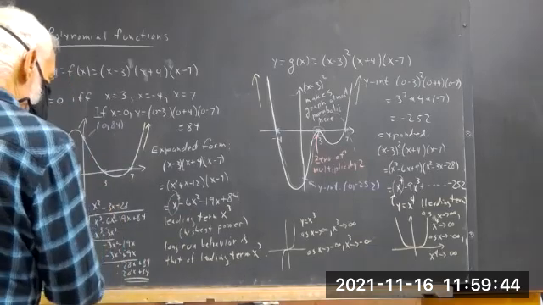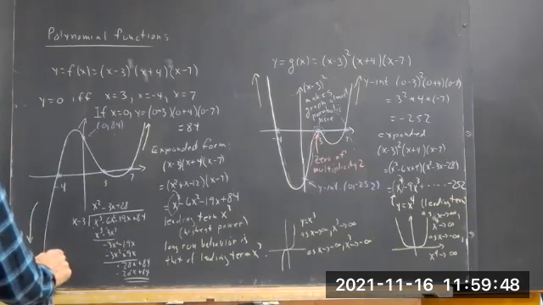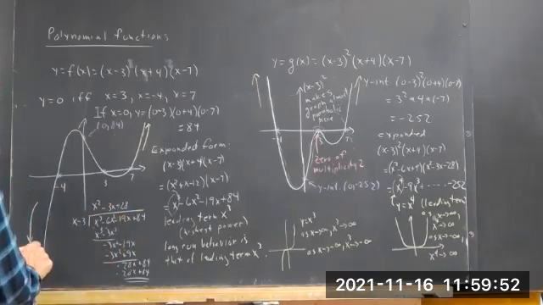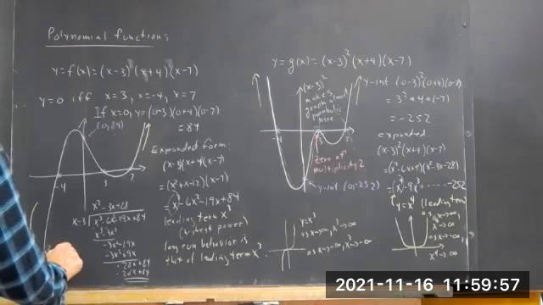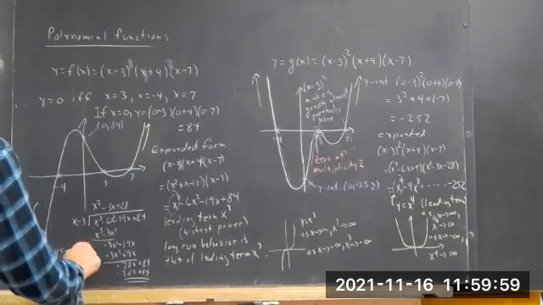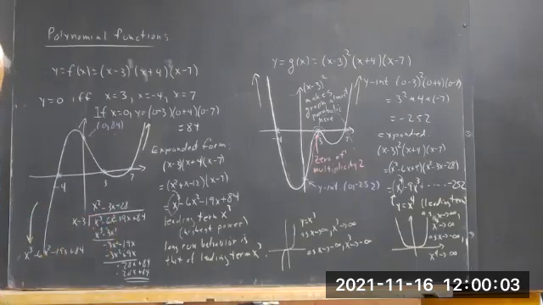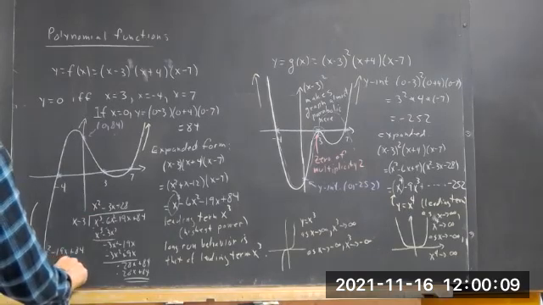Because of this division, we conclude that this dividend here equals the divisor times the quotient.